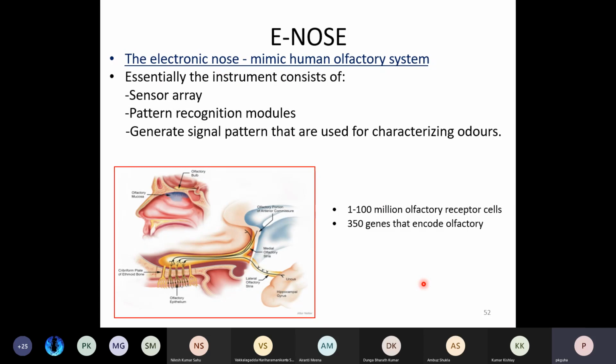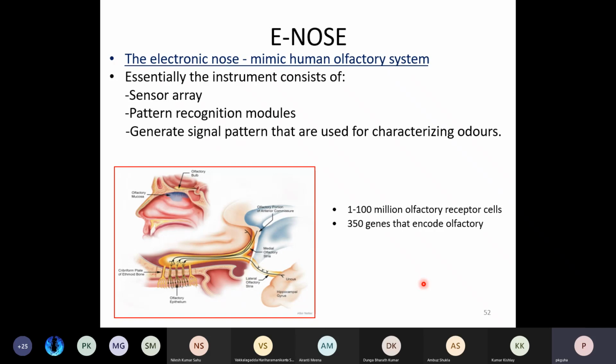For example, the electronic nose is one where you mimic your nose using various sensors, because our nose has several thousands of receptors to smell things.